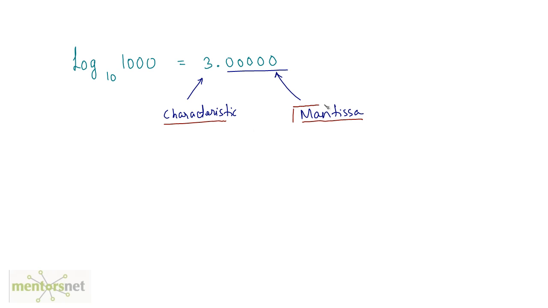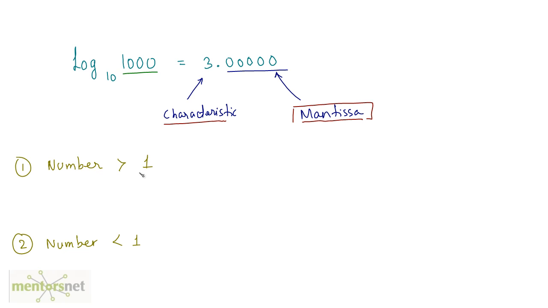The mantissa, you can get from the log table. There are two cases while you calculate the characteristic of a logarithm. The first case is that the number is greater than 1, and the second case is that the number is less than 1. Which number am I talking about here? The number of which you want to calculate the log.